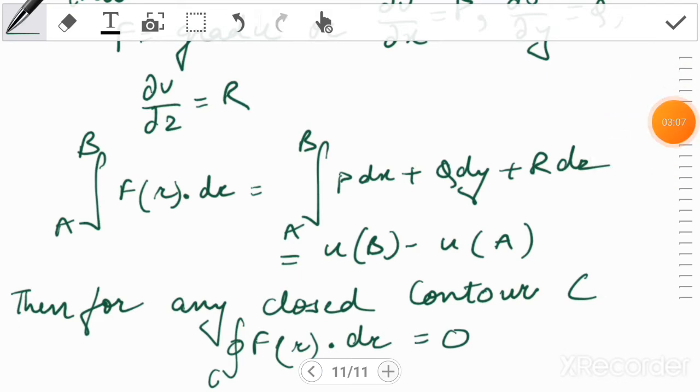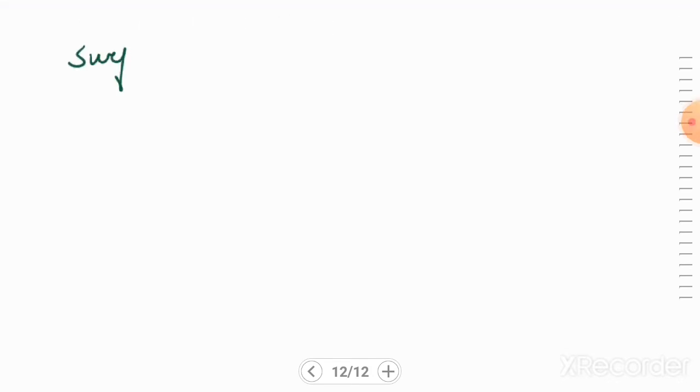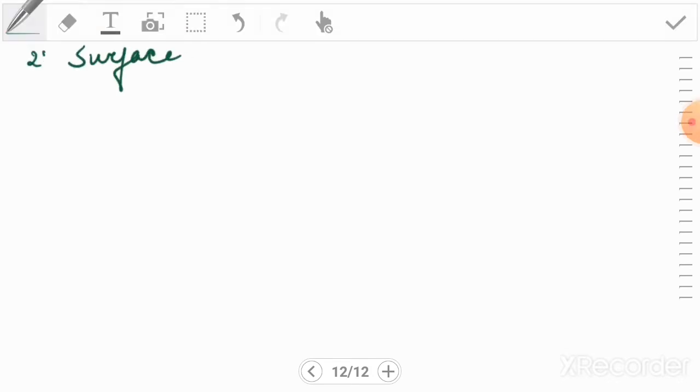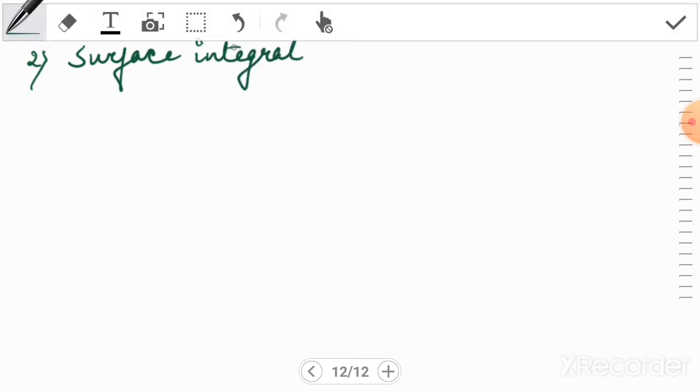So next is surface integral. Any integral which is evaluated over a surface is called a surface integral.